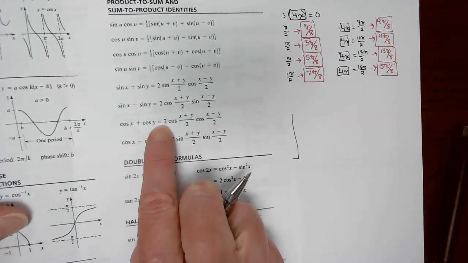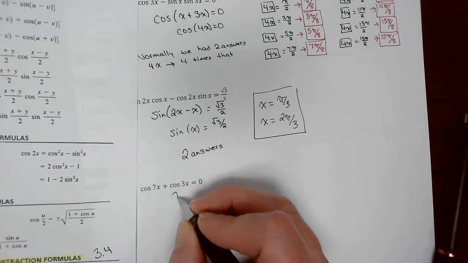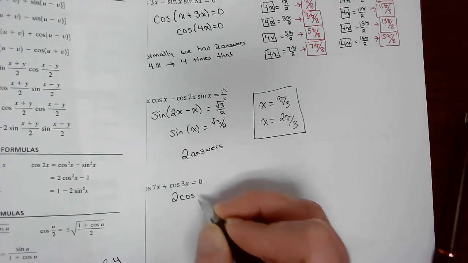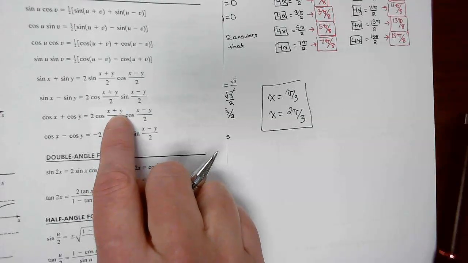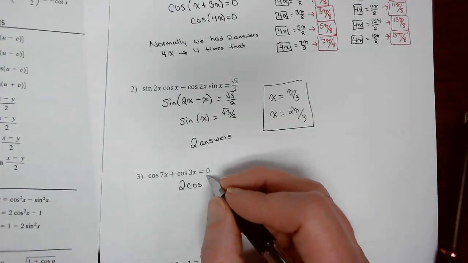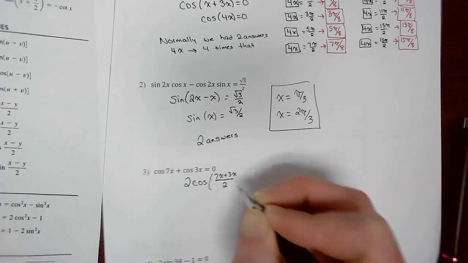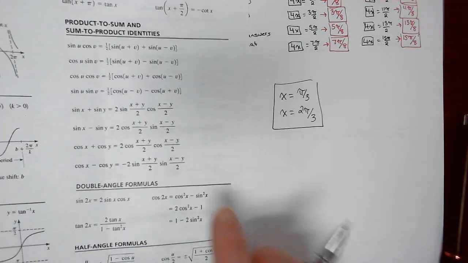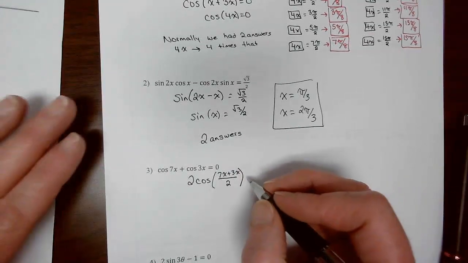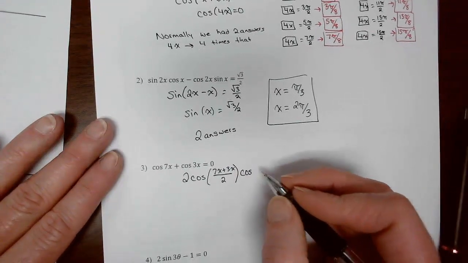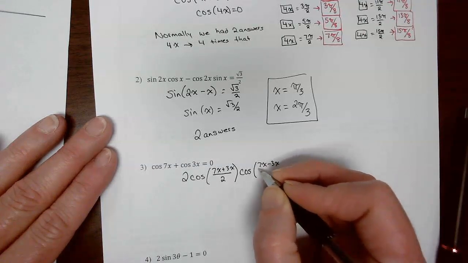So cosine plus a cosine is going to be 2 times cosine of them added divided by 2, and then, here it was, cosine of the difference divided by 2.